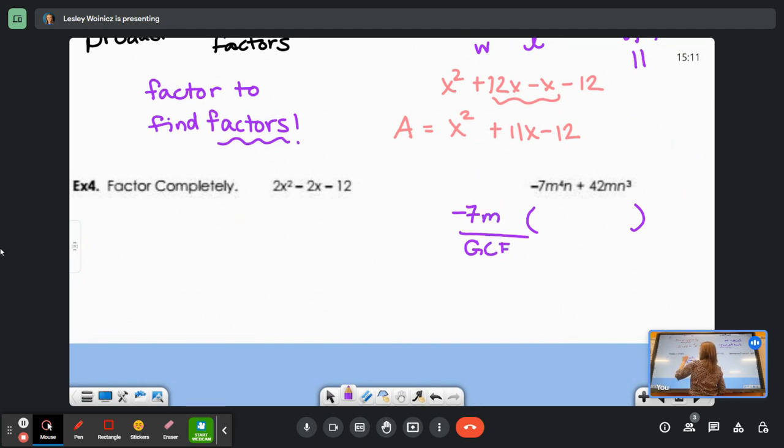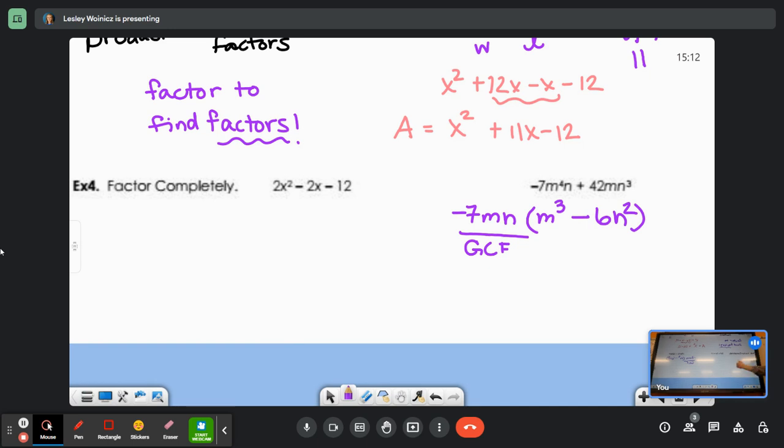Correct. What power of n can come out? 1. Good. So if I divide that out, I get m cubed plus, just kidding, a positive divided by a negative gives me a negative. 42 divided by 7 is 6. N to what power? Yeah. Okay, that's what we did last week.